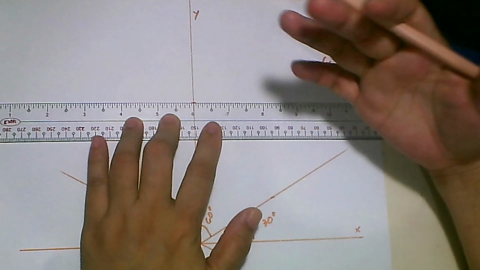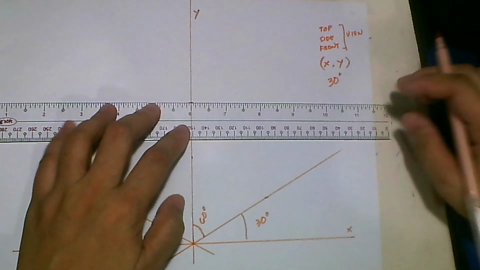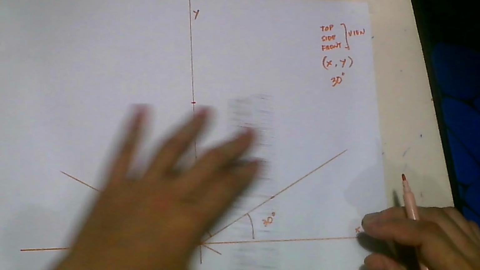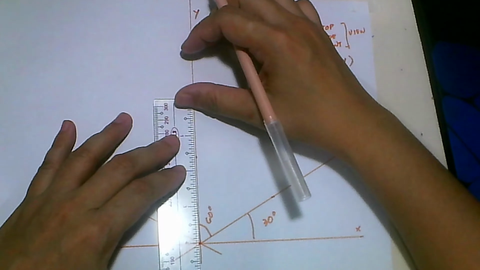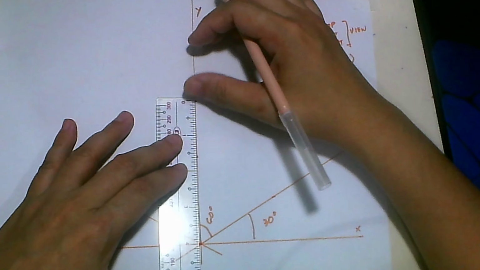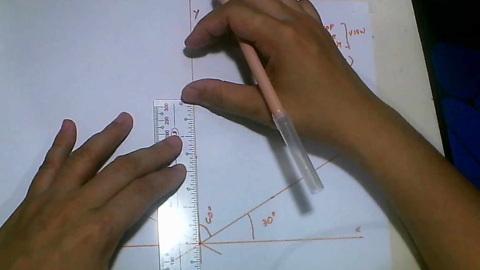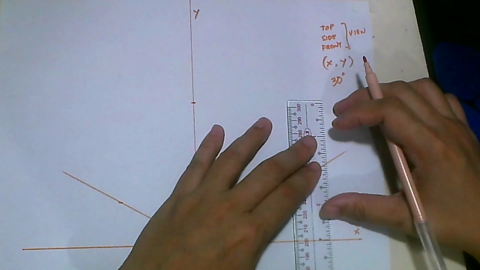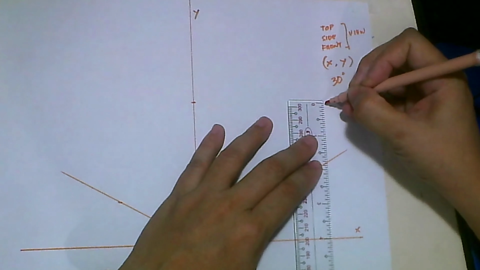Sa iba naman, hindi importante yung straight line. Pero for the sake of this, since pinag-aaralan natin siya, so kailangan pantay siya, no? Pantayin natin. Let's make sure as much as possible we are creating a straight line.